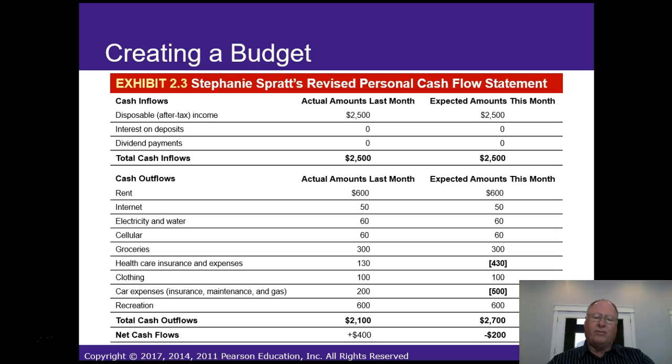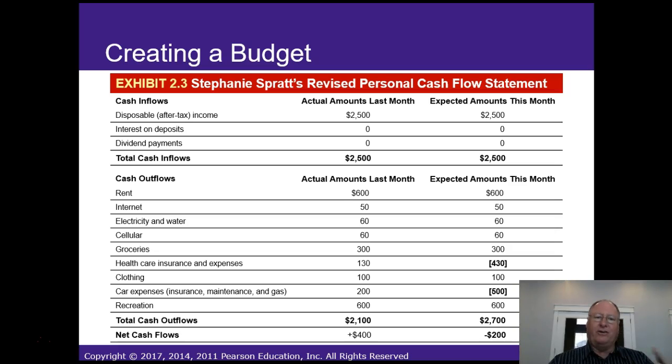One of the important things whenever you're creating a budget is always being in a position to assess its accuracy. This is just comparing what you predicted for cash flows to what they actually were, which allows you to make adjustments as necessary.